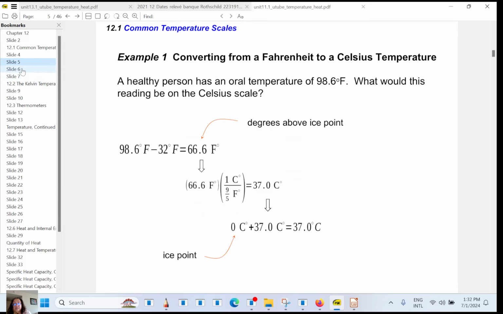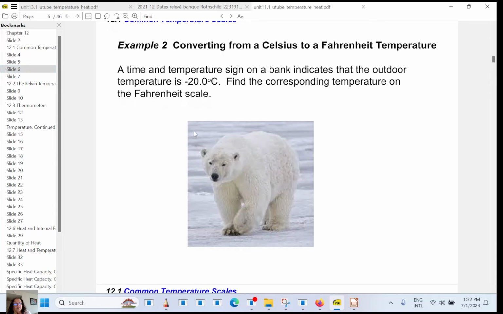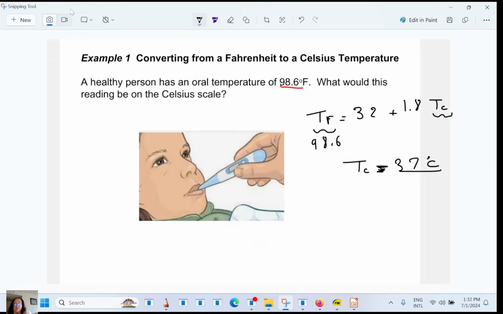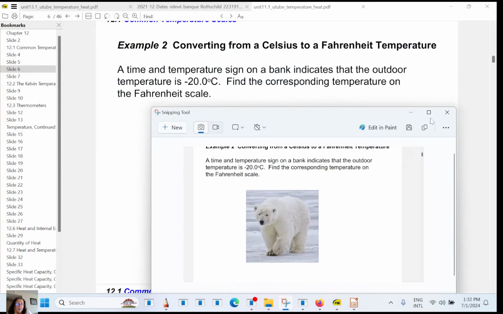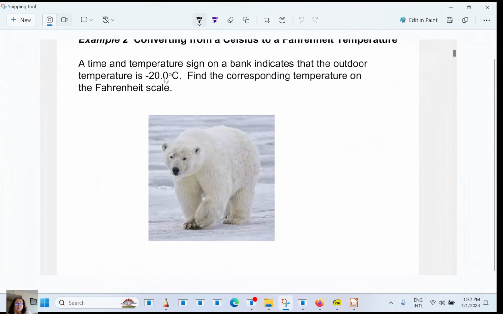So the math is easy. Okay, you can do the same here if the temperature is minus 20 degrees Celsius. So again, Fahrenheit is the y-intercept plus the slope.